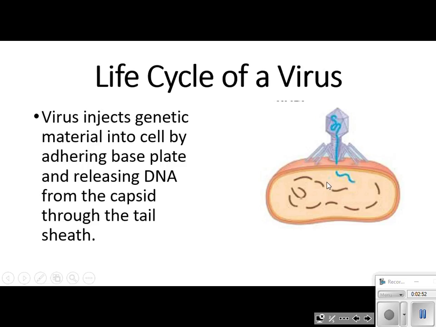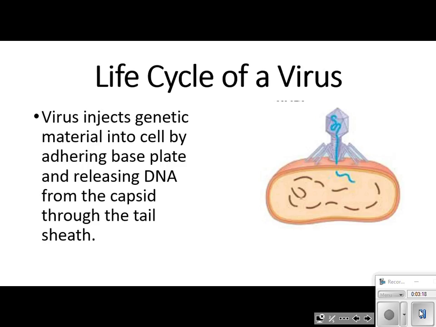We can see this because remember, the host cell DNA was maroon. The DNA that the virus is putting in there is blue. And once again, maybe I shouldn't say DNA because I should use genetic material.